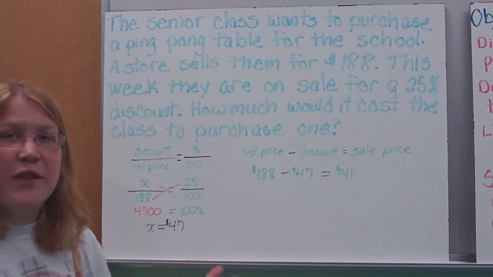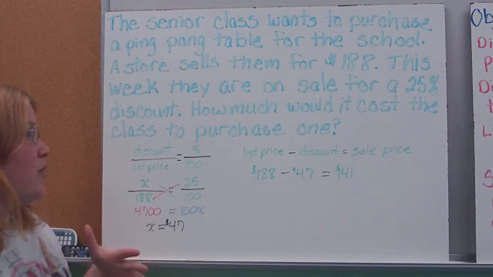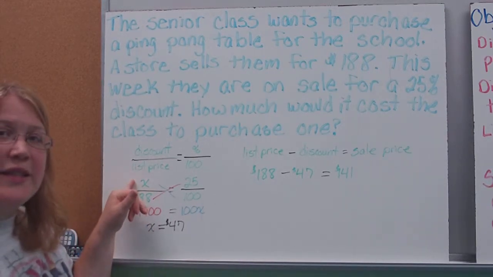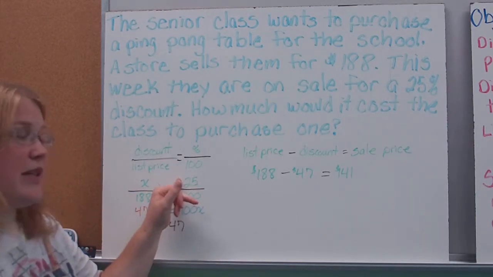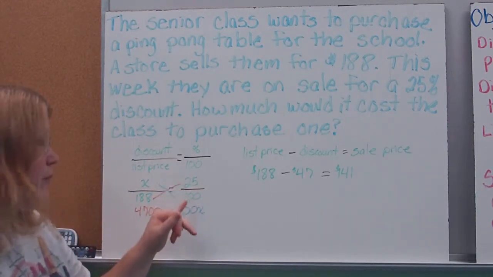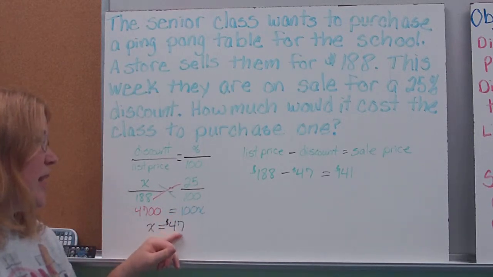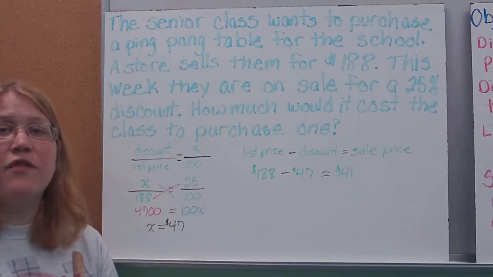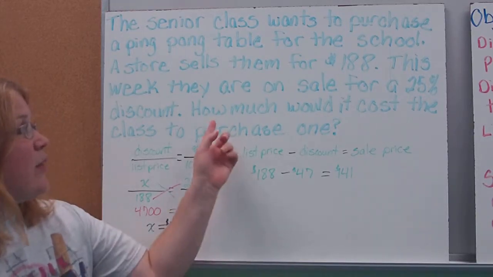So we just want to solve for the discount and then how much would it cost with our discount. So again, our discount goes over our list price. I don't know what the discount is. I know that the price is $188 and that my percentage off was 25. So 25 over 100. Then we just cross multiply. When we solve it, we find out that it's a discount of $47. So they can save $47. That's not what the problem's asking.